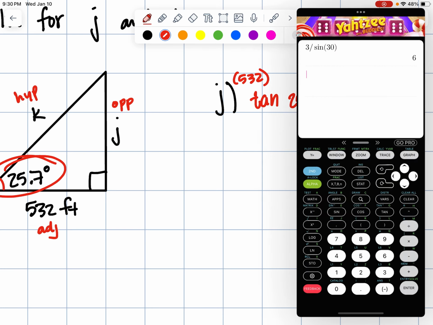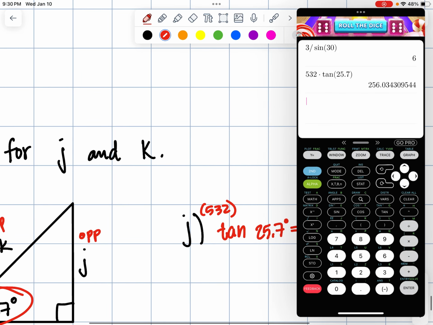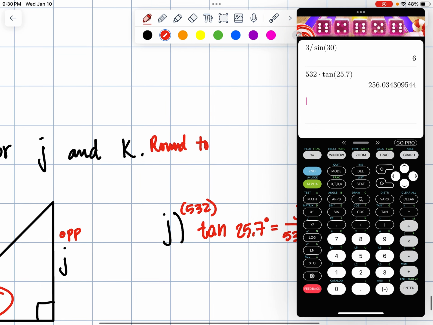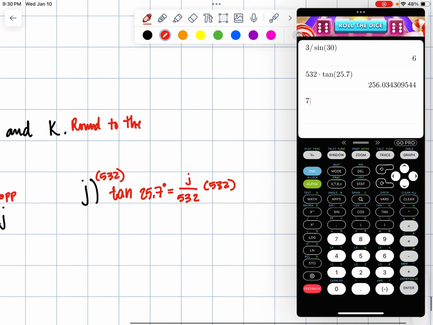In our calculator, 532 times the tangent of 25.7, close the parentheses, and we get a new value, 256.03. Now, I didn't say where to round. I'm going to say round to the nearest hundredth.